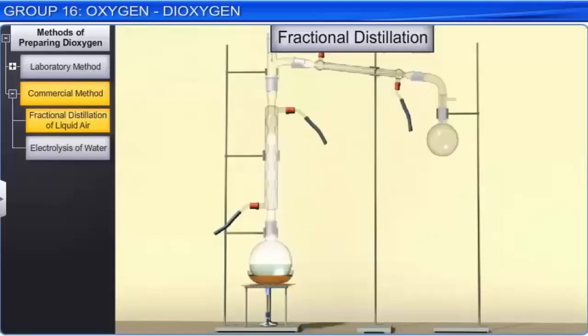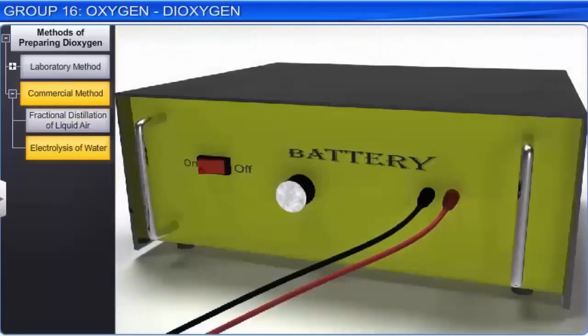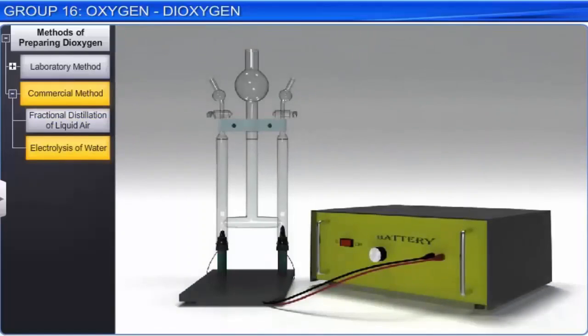The remaining constituents of liquid air, primarily liquid oxygen and liquid nitrogen, are separated by means of fractional distillation. The electrolysis of water containing a small amount of sulfuric acid or barium hydroxide leads to the liberation of oxygen at the anode and hydrogen at the cathode.